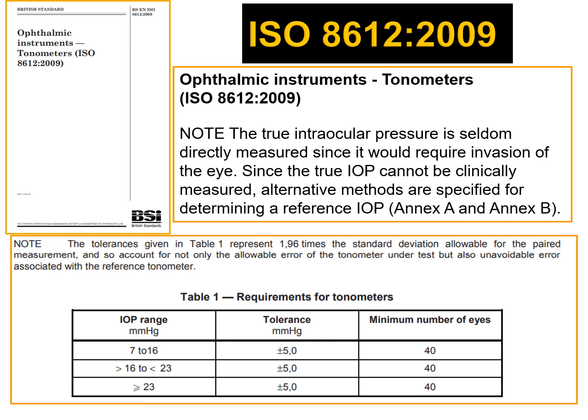To pass this, you have to have 120 eyes. You have to measure 40 between 7 and 16 millimeters of mercury, 40 between 16 and 23, and 40 above 23. So all these other papers that come out ad hoc later are not following any ISO 8612 protocols.